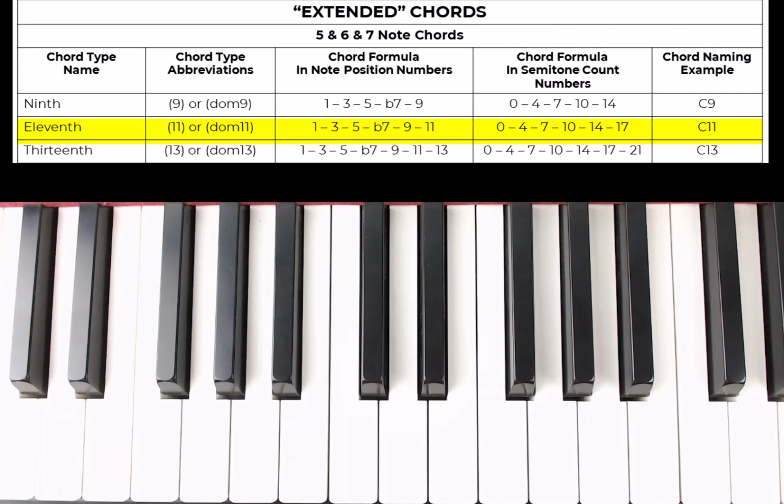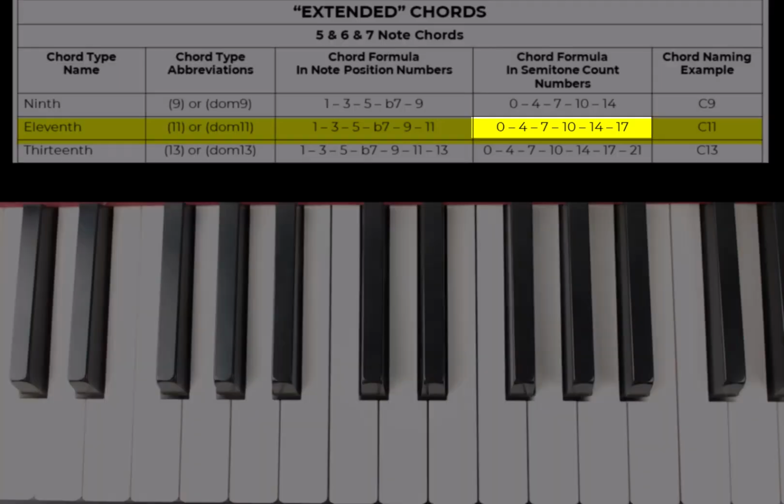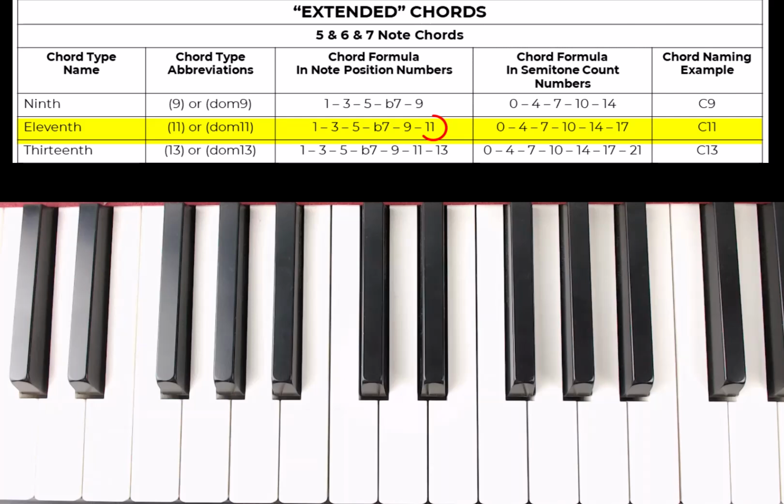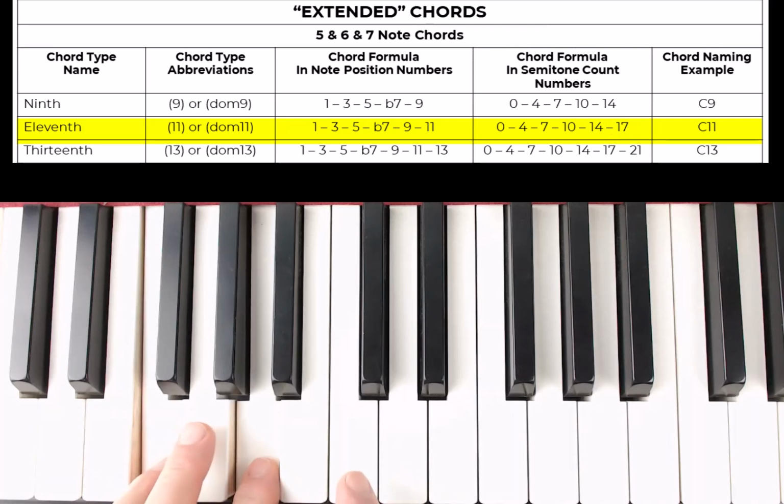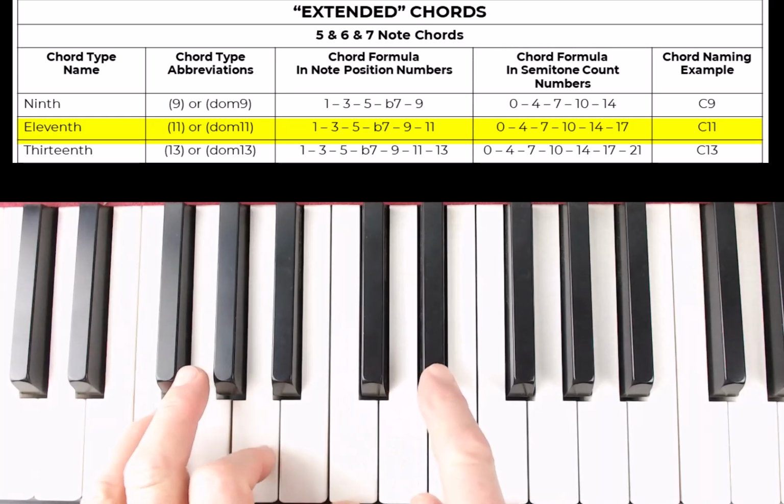There, our formula is 0, 4, 7, 10, 14, the same as the dominant ninth. And then we're going to add one more note, the actual 11th note, or the dominant 11th note, which is the 17th semitone count number. So let's start again with the F: 0, 4, 7, 8, 9, 10.